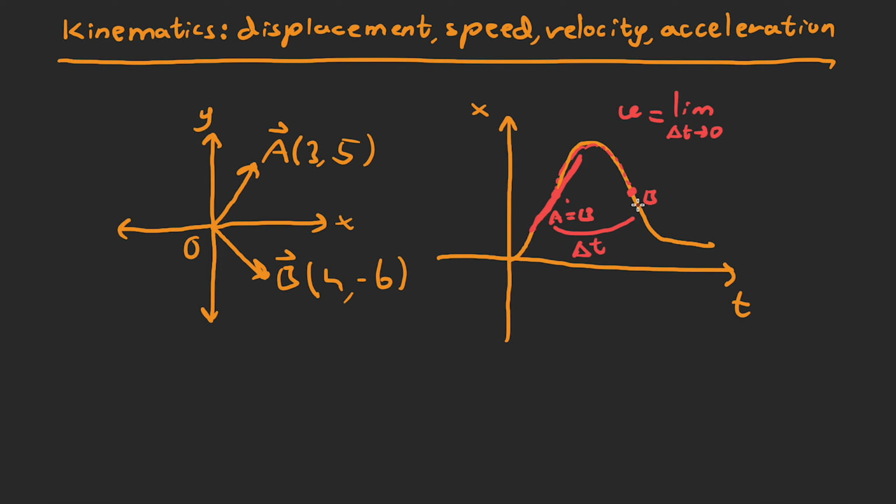So what does that mean? That means that our 2 distinct points got infinitely close to each other. They're not exactly in the same position, but they're infinitely close to each other.